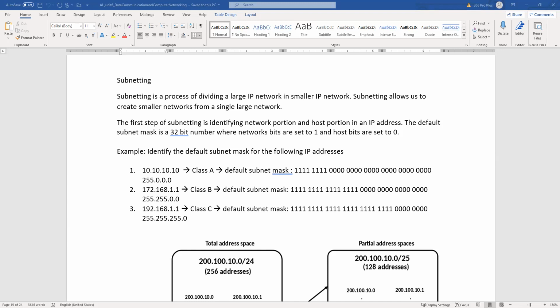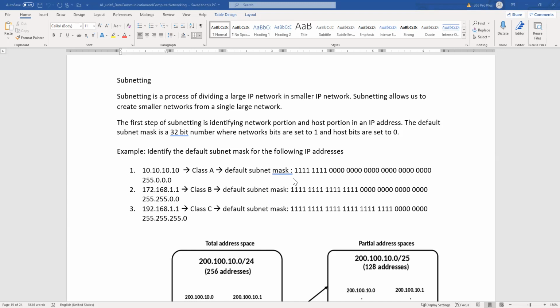But mainly, for class A, B, C, by looking at the first 8 bits, the first octet, we can say whether it belongs to class A, class B, or class C. And for each of them, we discuss something called the subnet mask or default subnet mask.